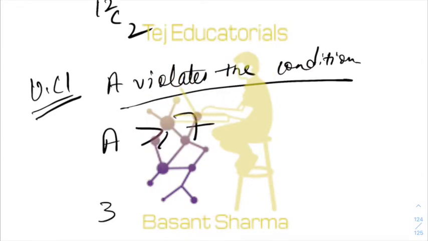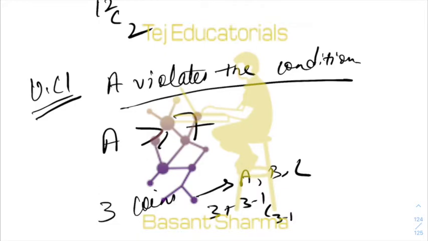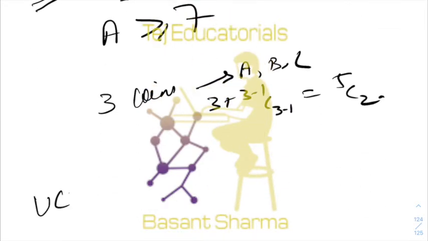The remaining 3 alike coins you distribute among A, B, C freely. That can be done in 3 plus 3 minus 1 C 3 minus 1 ways, which is 5C2. Similarly, unfavorable case 2 is when B violates the condition, that is B gets more than or equal to 8 coins. So give 8 coins to B and distribute the remaining 2 coins freely. That can be done in 4C2 ways.